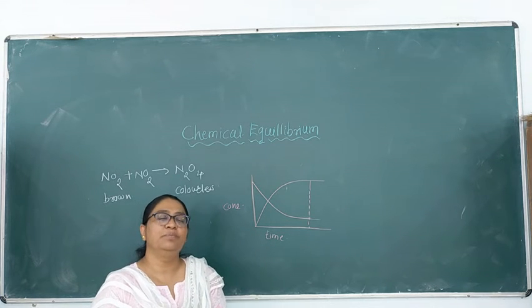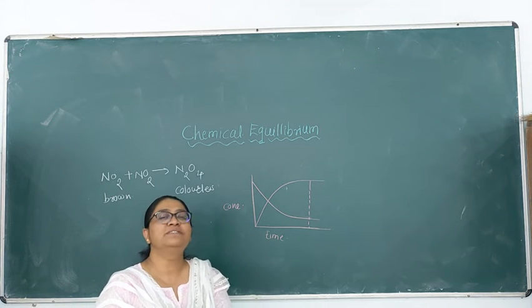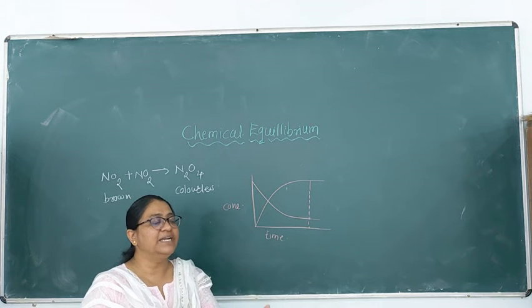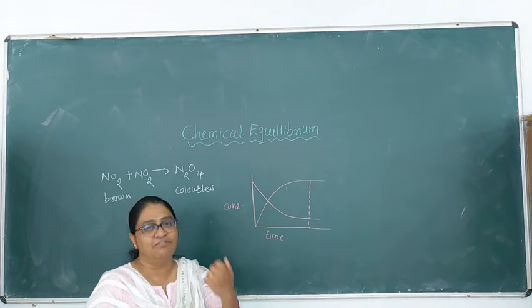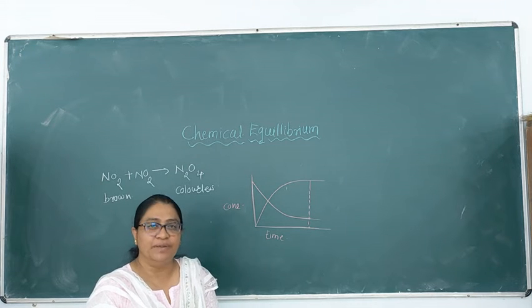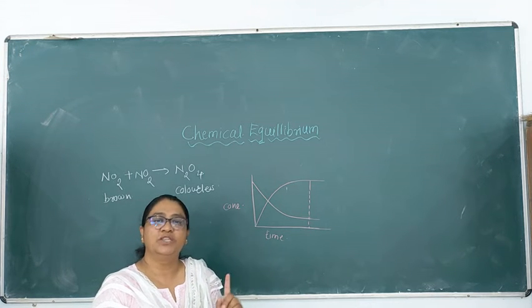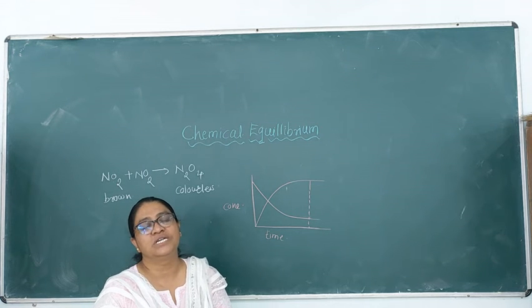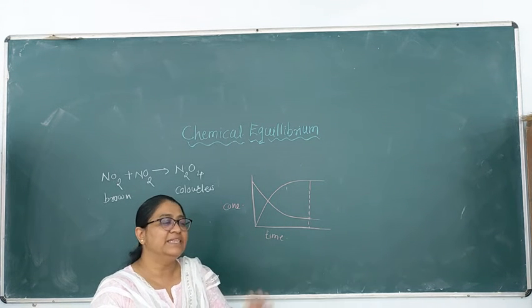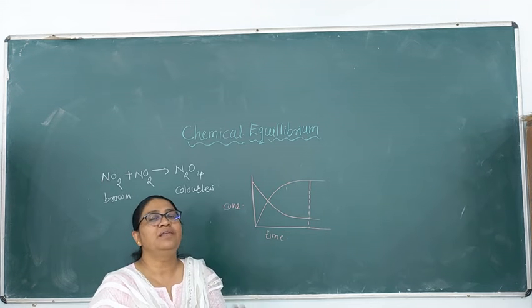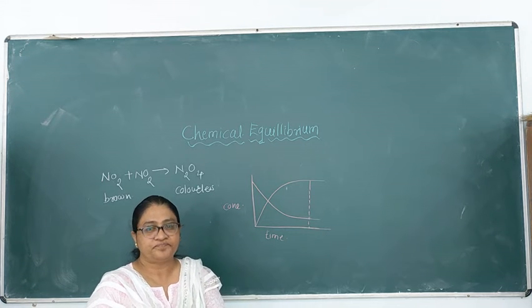When the equilibrium is established in the reaction, the rate of the forward reaction and the rate of the backward reaction become equal. Therefore, after the equilibrium is established, there is no change in the concentration of the reactant or of the formed product, and this situation is called the formation of chemical equilibrium in the reaction.